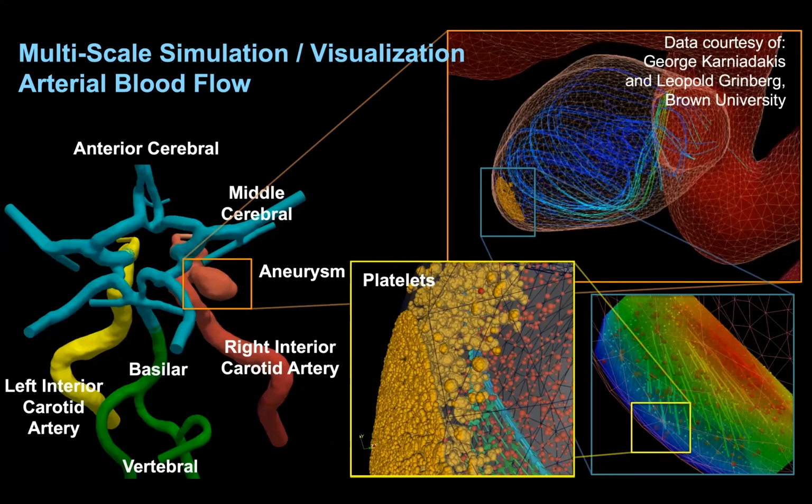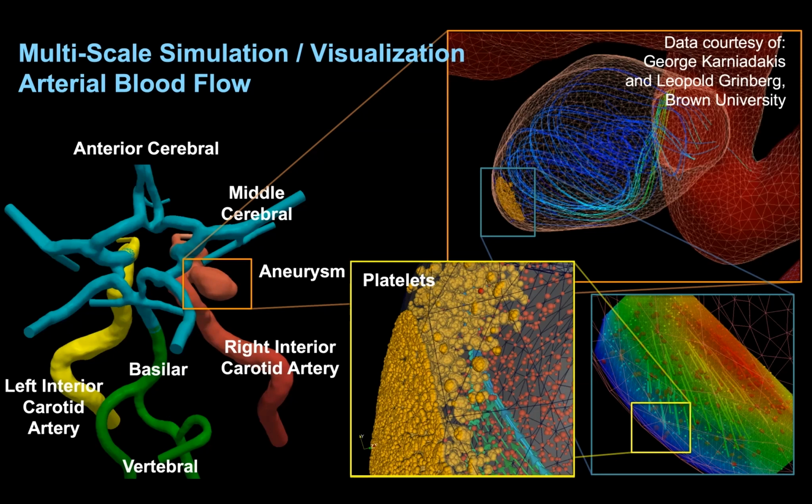So they're coupling two codes: a fluid dynamics code for the large-scale flow, and a particle dynamics code for the individual blood platelets. They run at very different scales and take different amounts of compute.